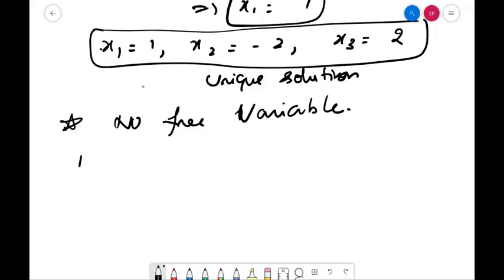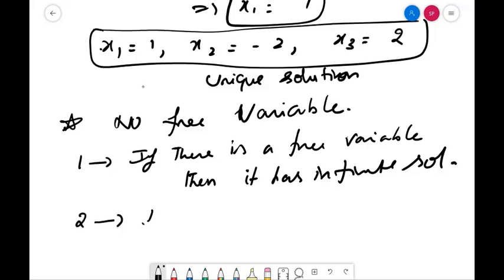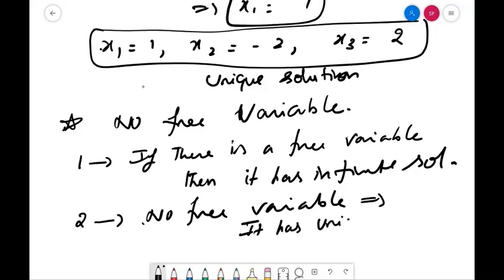The first thing is, if there is a free variable, then the system has infinite solutions. And the second point is, no free variable implies it has a unique solution. So infinite solutions, unique solution.